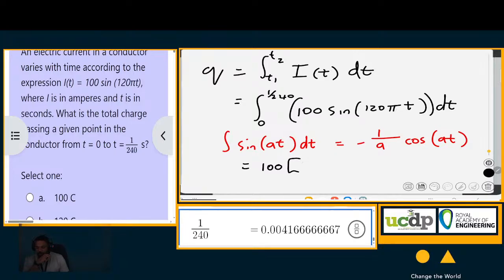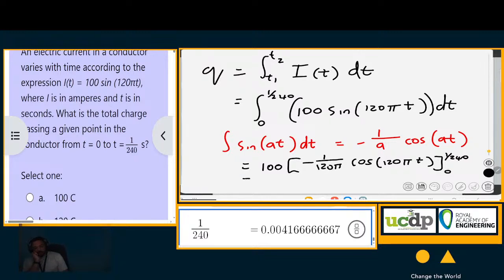So we are left with negative 120 pi underneath that times the cosine of 120 pi t, and we close the square bracket from 0 to 1 over 240.